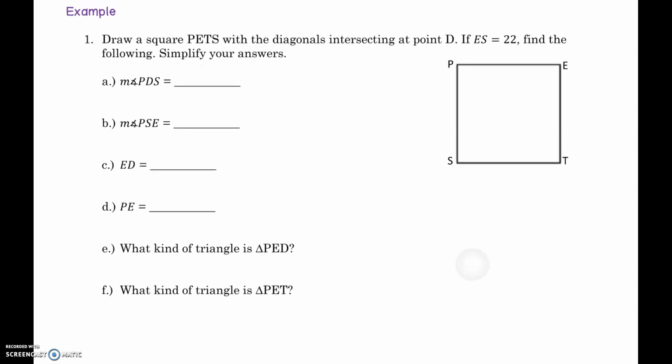Moving on to example 1, we want to draw a square, PETS, with the diagonals intersecting at point D. If ES equals 22, we want to find the following. So I'm going to label ES as 22.